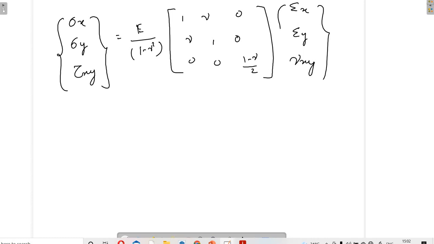So this is the plane stress equation, the constitutive model with the constitutive constants D. We are going to use this equation in our numerical problem and in the derivation of the finite element for plane stress and plane strain cases.